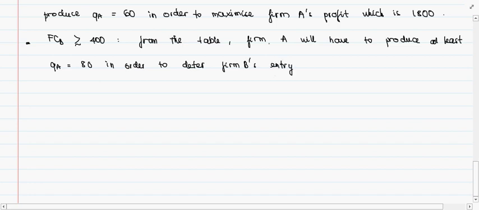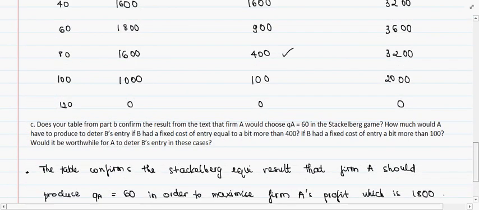Okay. Alright, because by producing at least 80 units of output, firm A can basically create a profit of 400 or below for firm B.